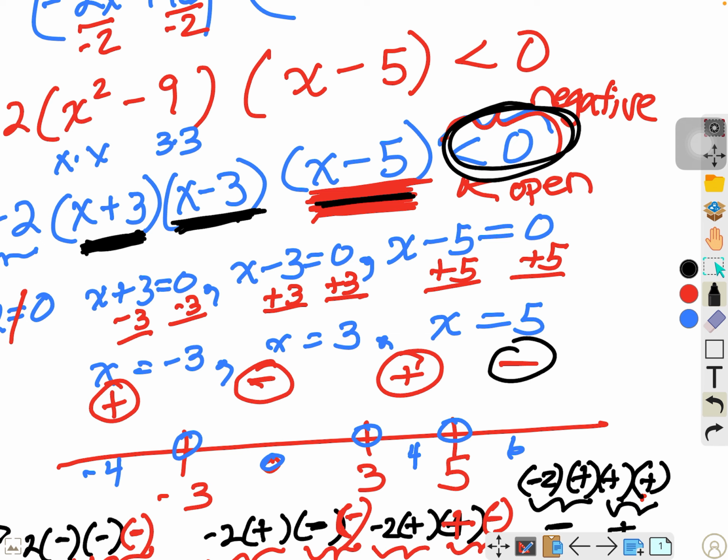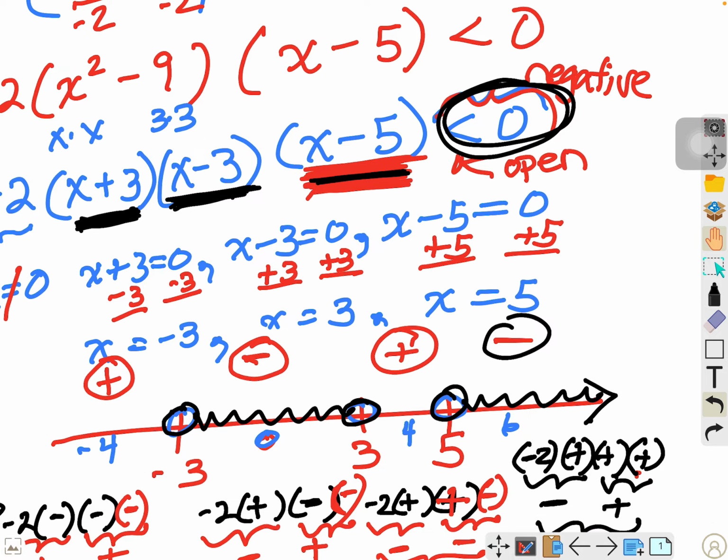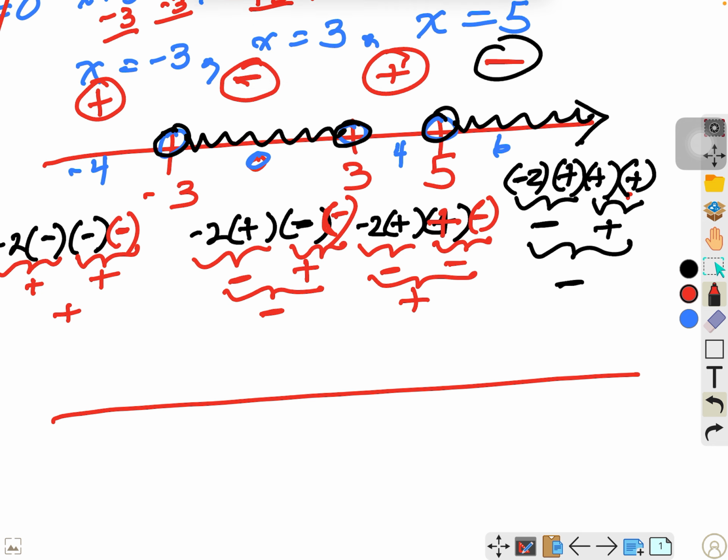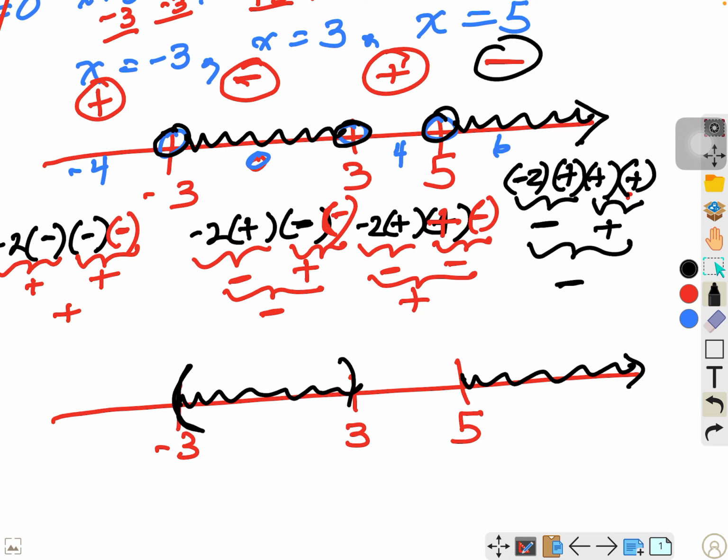So these will be our shaded regions. And so in interval notation, let's include our endpoints again. And we know where the shading is, the negative regions. And so now open endpoints look like this.